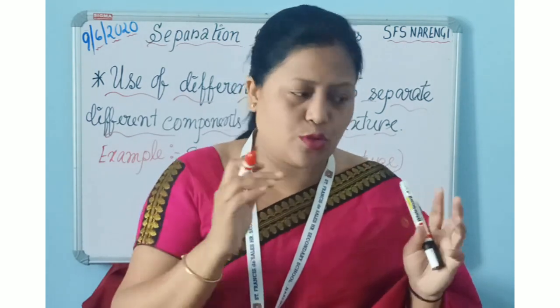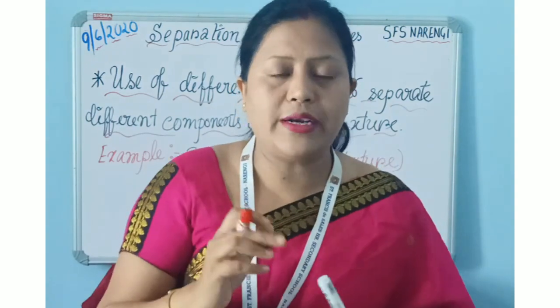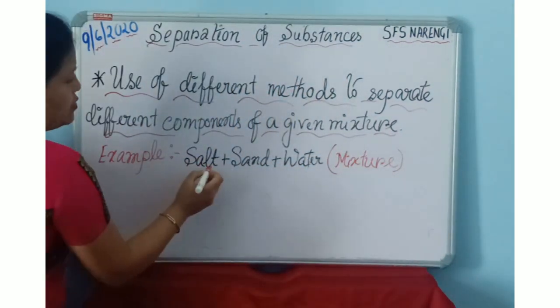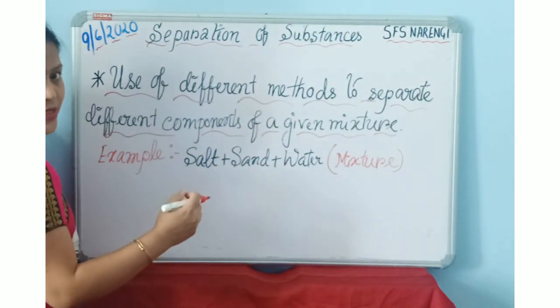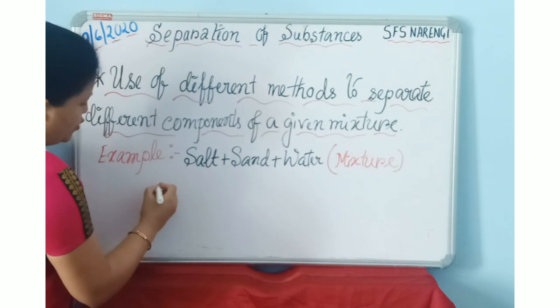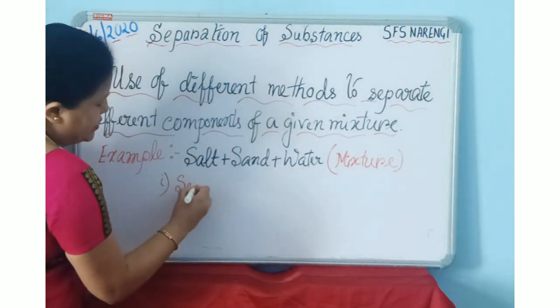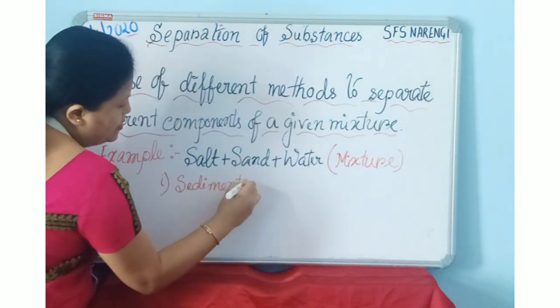Is that clear? So now here we shall be discussing that. Okay. So what actually is done? First, salt, sand and water have to be mixed together and we will get the mixture. So in the very first step we will start with sedimentation.